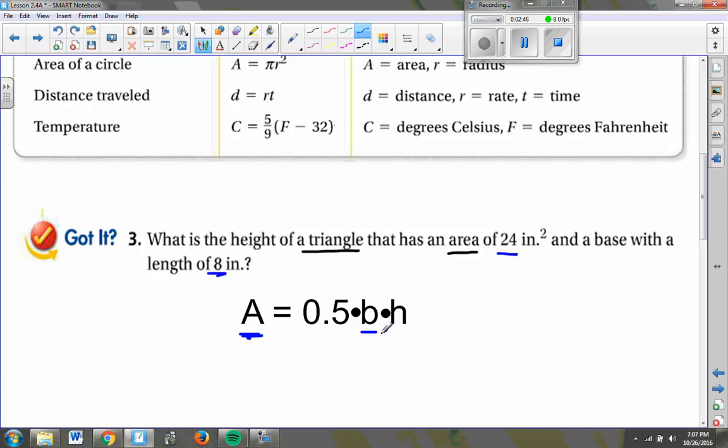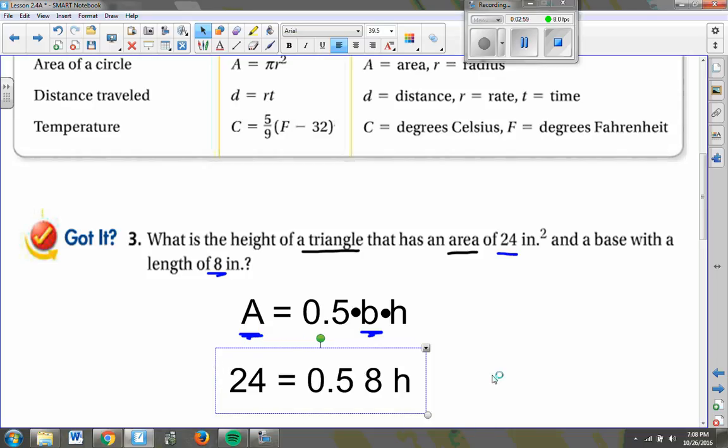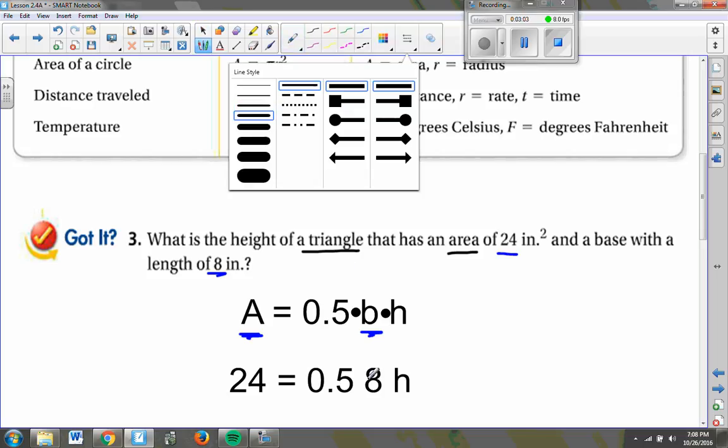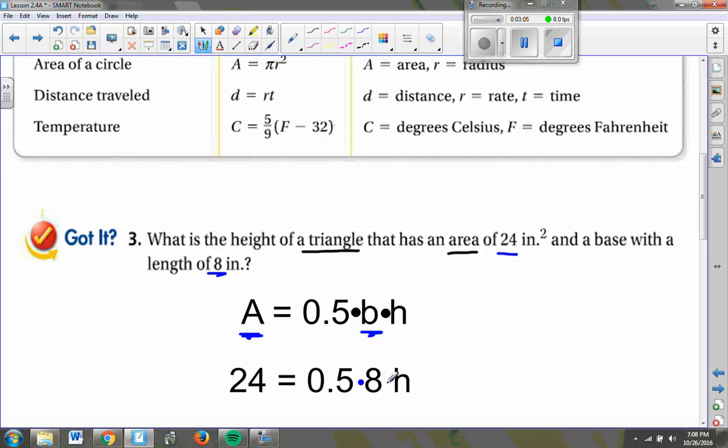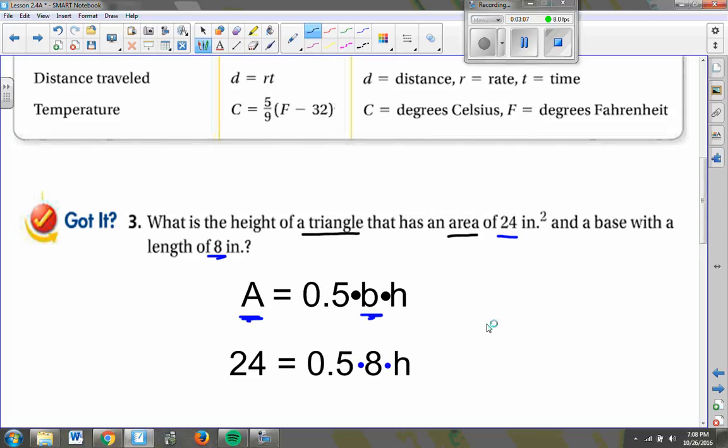So our equation says 24 equals 0.5 times 8 times my height.